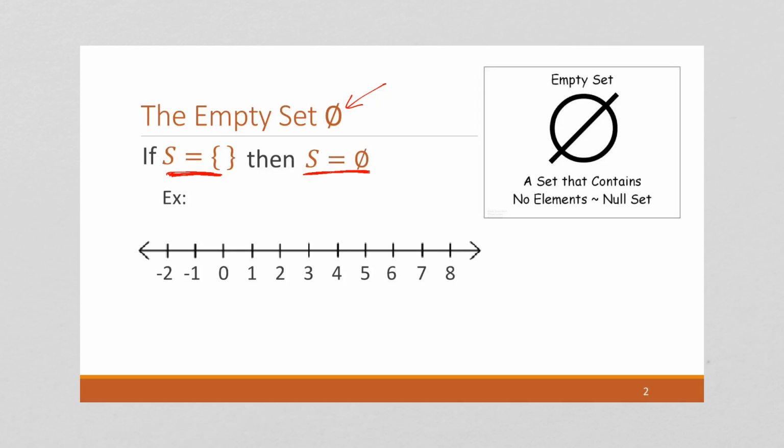So an example is, I'm going to use the set property notation. I'm going to say D is the set of all x being real numbers such that x is less than 0 and x is greater than 5.